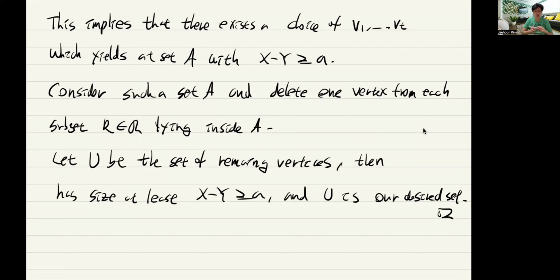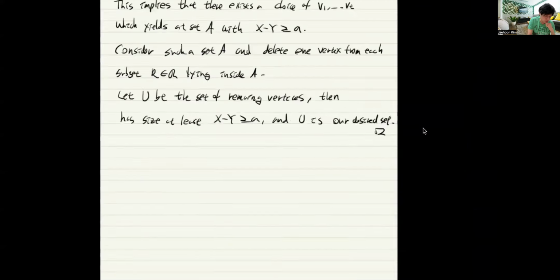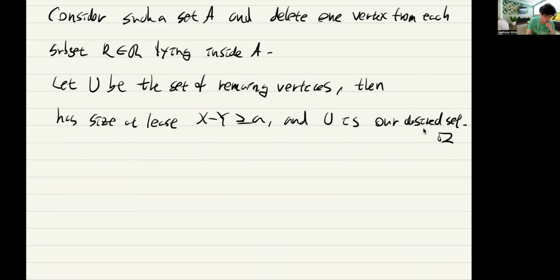Observe that this U is chosen in a dependent way. We choose something else, which is B1 to BT, and the choice of U depends on its previous choice of B1 to BT. Hence, the name dependent random choice comes.